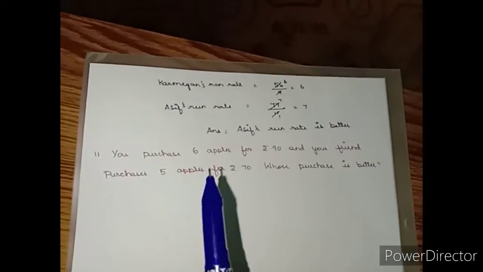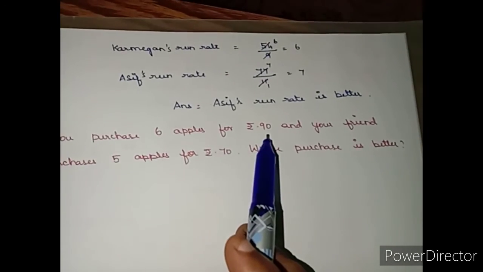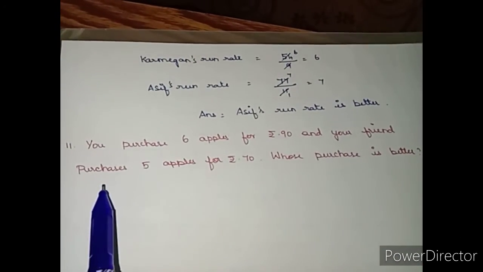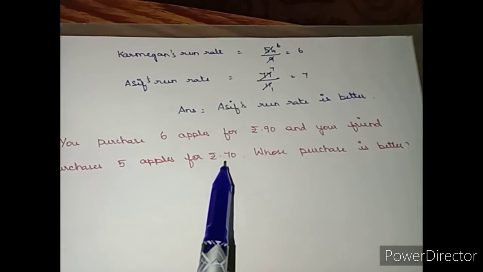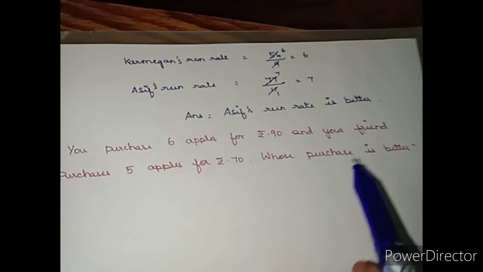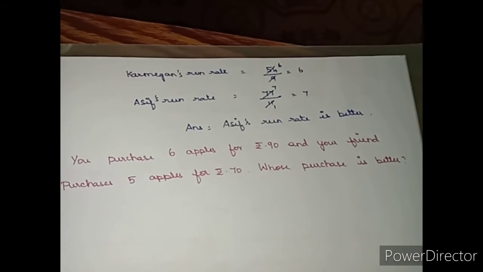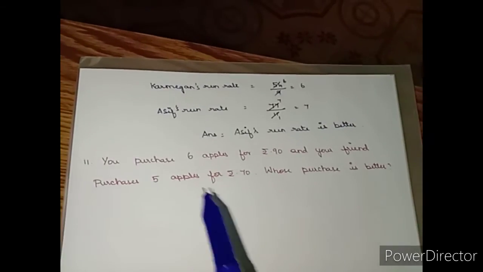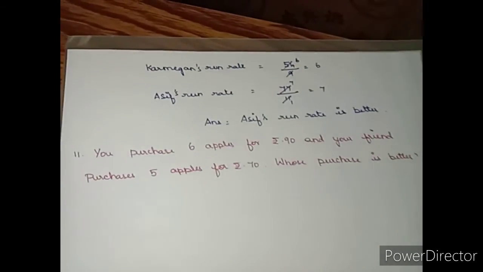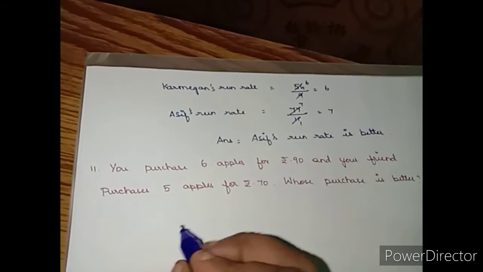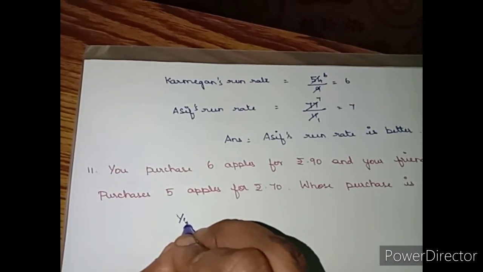See the next question. You purchase 6 apples for rupees 90 and your friend purchases 5 apples for rupees 70. Whose purchase is better? The same question in a different format. In the previous question they asked about the run rate, and here they are asking about the rate of an apple. First we'll go with your purchase.